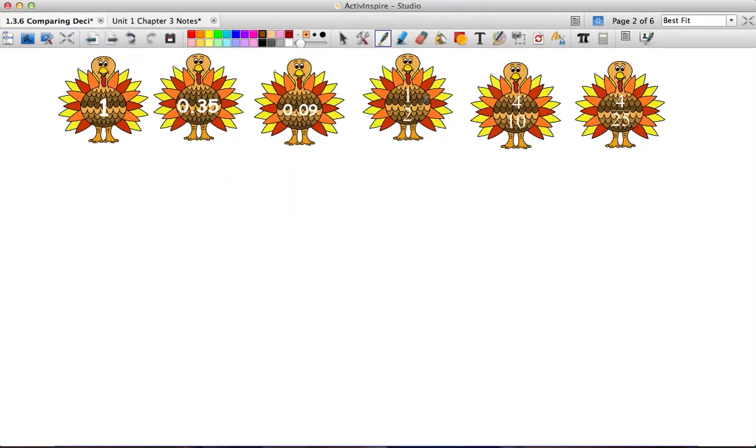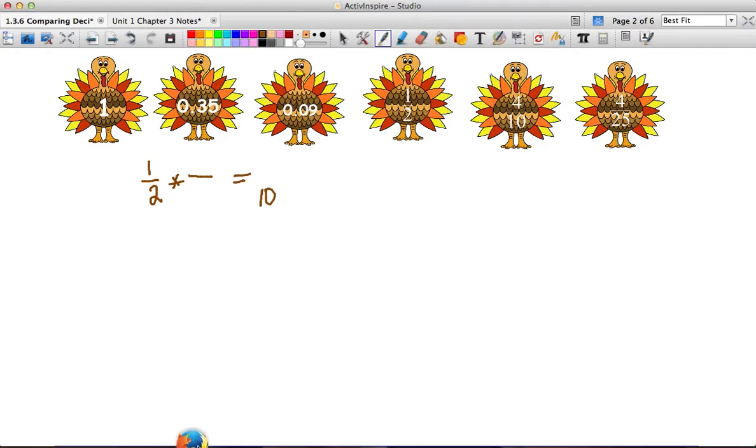So in this case, I'm looking at my denominators and I have 2, 10, and 25. I know that all of those can easily be made into decimals, so I'm going to choose to make these fractions into decimals. That way I don't have to change these numbers. So I know that 1 half, I want to change to have a denominator of 10.